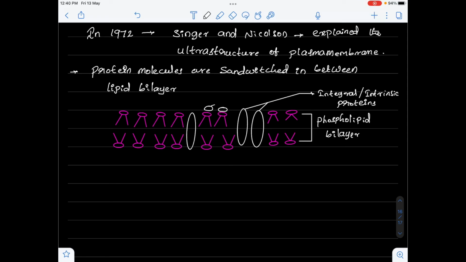On the surface of the plasma membrane also some proteins are present. We call these proteins extrinsic or external proteins.